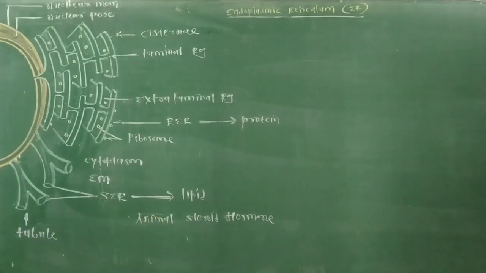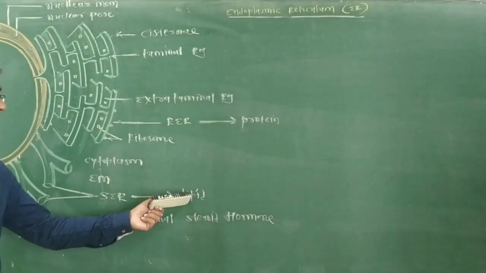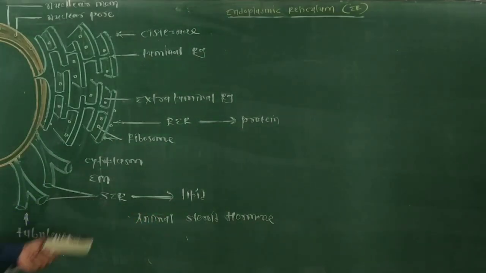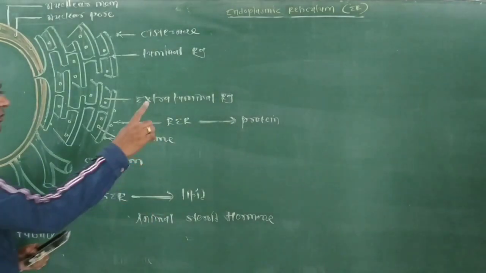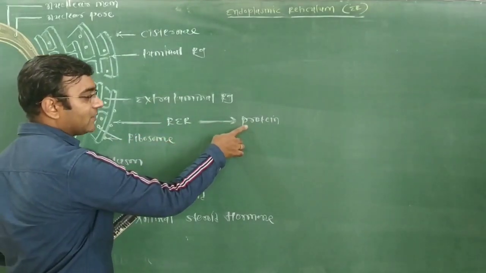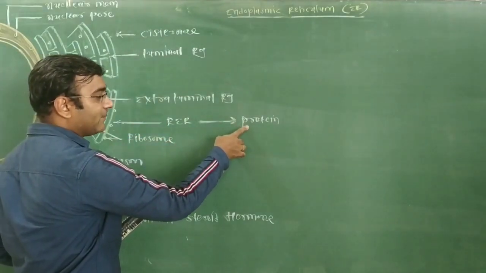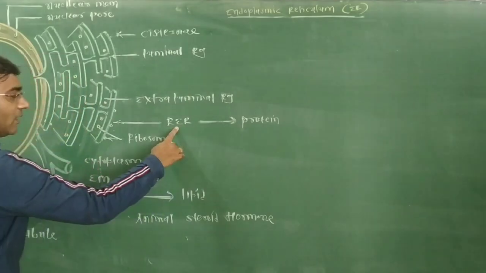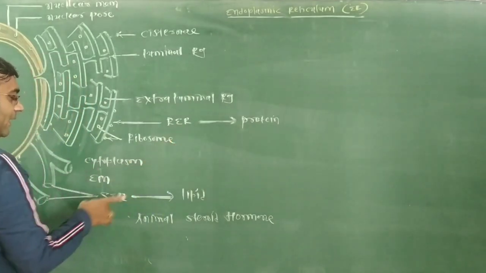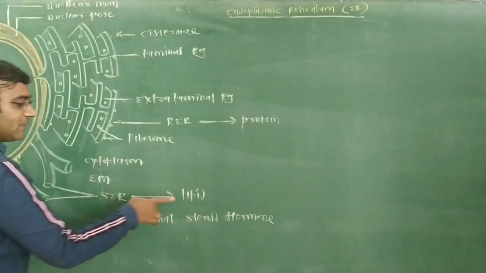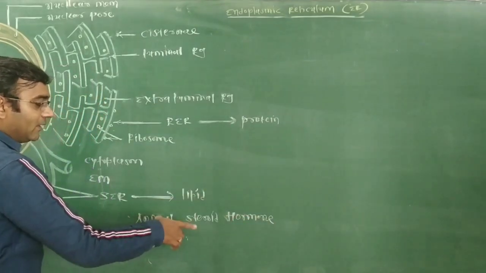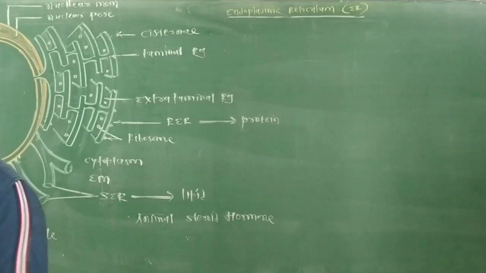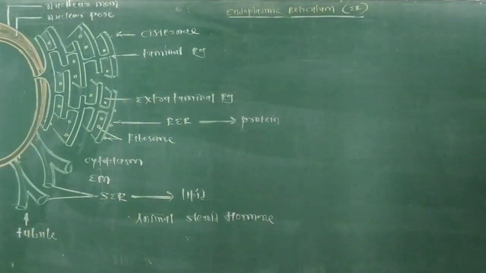This steroid hormone is a modification of lipid, and it is synthesized from the smooth endoplasmic reticulum. So those cells which actively synthesize protein are rich in rough endoplasmic reticulum, and smooth endoplasmic reticulum synthesizes lipid, especially which lipid? Animal steroid hormone is synthesized from the smooth endoplasmic reticulum.